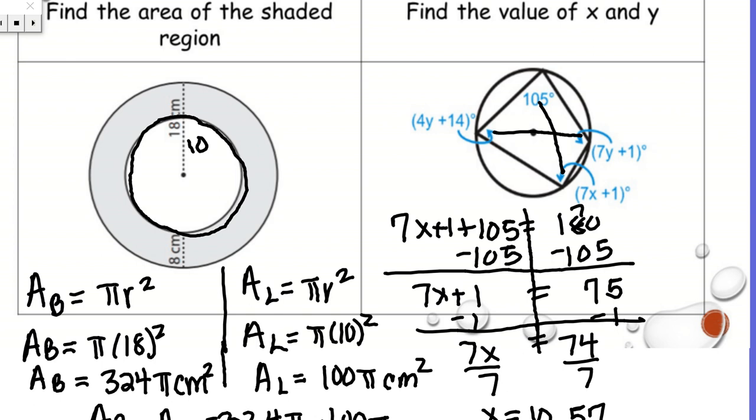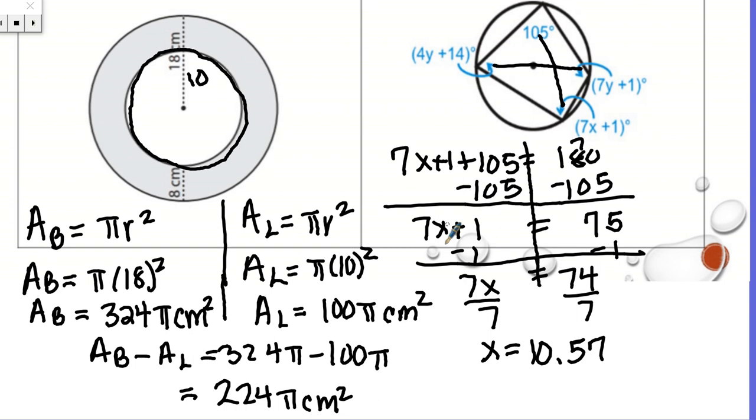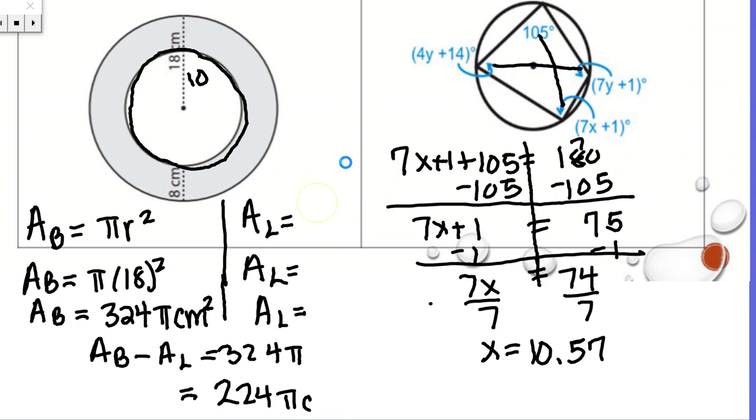We should be good. And now I need to go and solve for y. All it asked was for x and y and not the angles. So we solve for y. Let me erase this so I can not have that in my space.